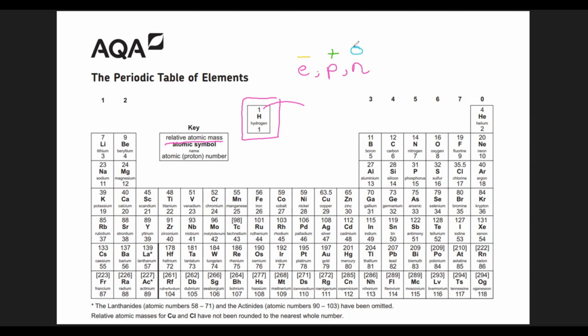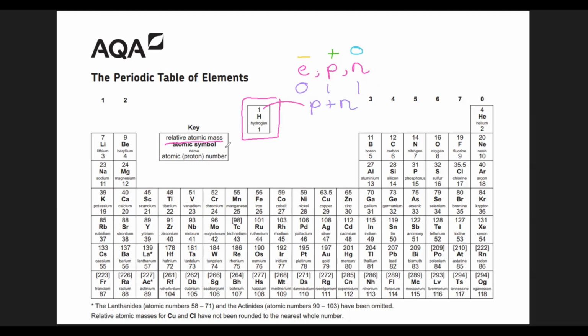So we can say in terms of this lesson, electrons have no mass, which is not true, but bear with me. Protons have a mass of 1 and neutrons have a mass of 1. Now, if only protons and neutrons have mass, then our relative atomic mass must be composed of the amount of protons and the amount of neutrons, as they are the only things with mass.